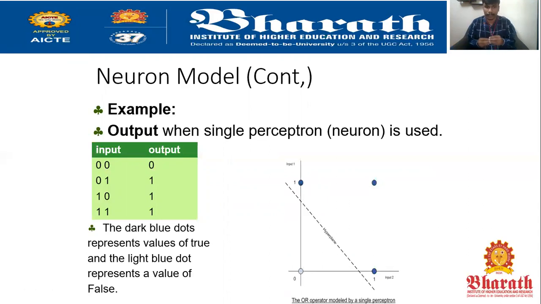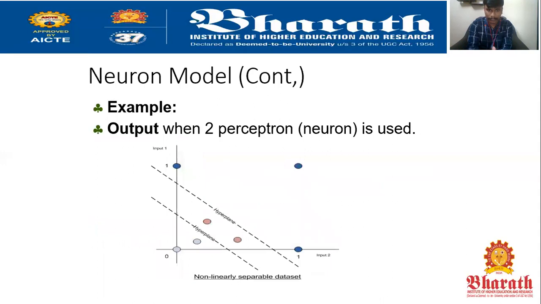So if a single perceptron, that means a single neuron, is being used for the output, the variation between the output and input will vary according to the dots, dark blue for true and light blue for false. So when processing a model, when there is any simulation, it will be shown in dark blue. When there is no simulation or a false simulation, it will be shown by the light blue dots.